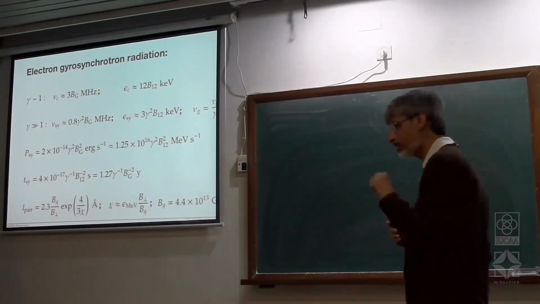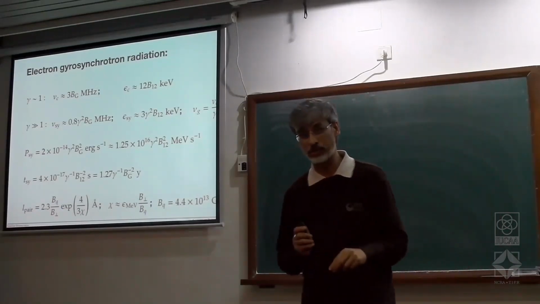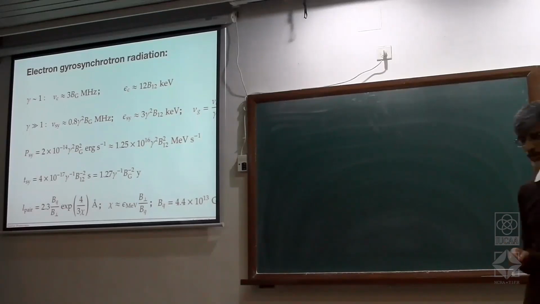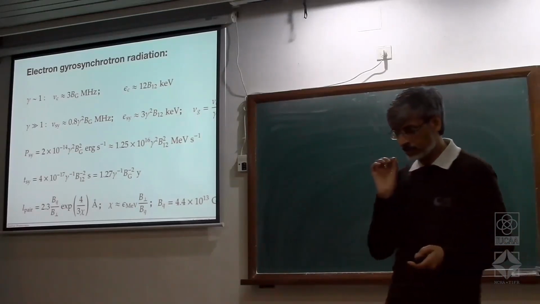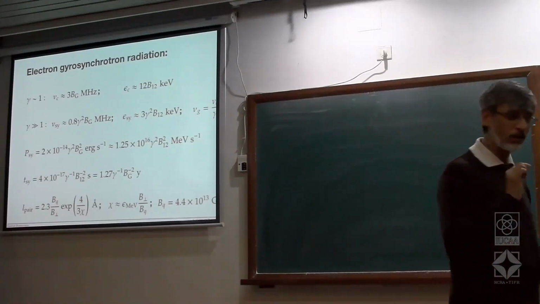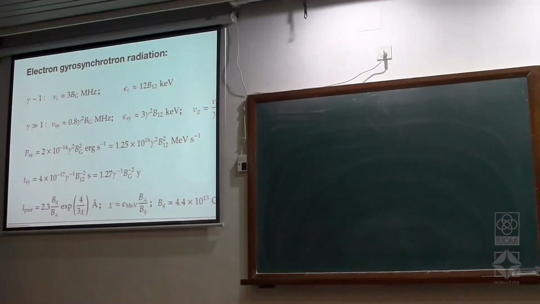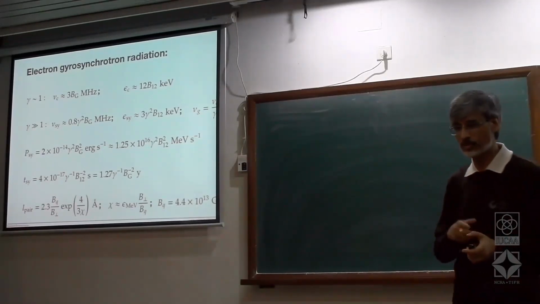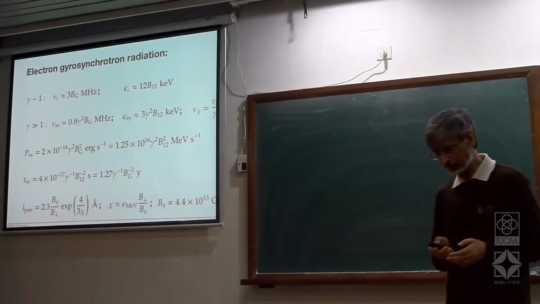This has been recognized right from the beginning, including in the Ruderman and Sutherland paper, where they take the radius of curvature of the field line to be much smaller than the radius of the star. That is only possible if you have larger multipoles and not just dipole.